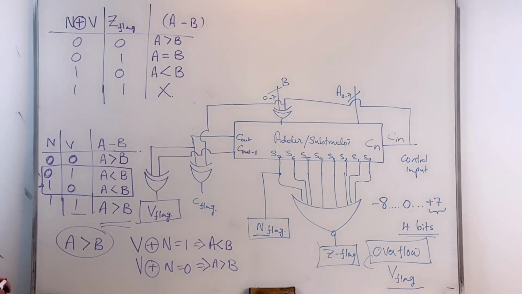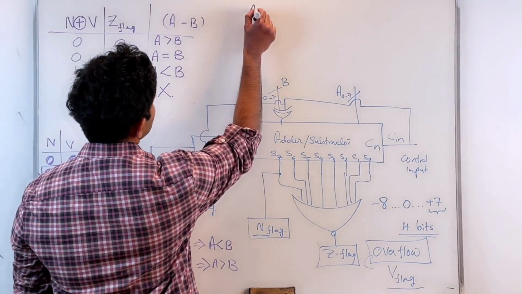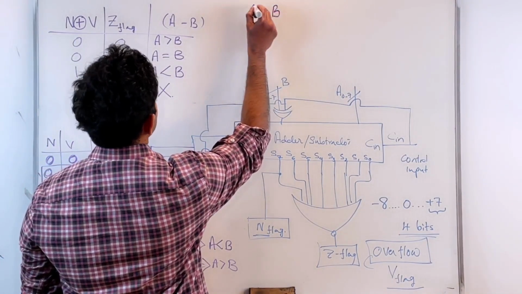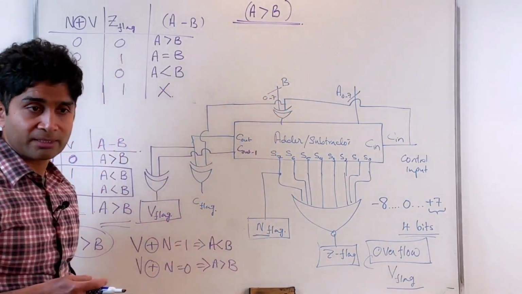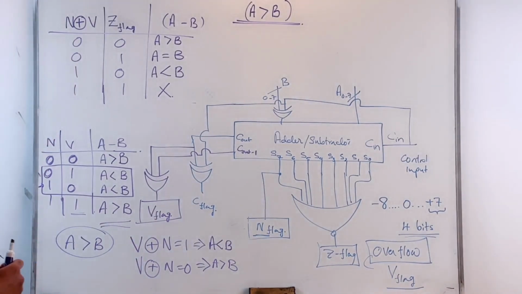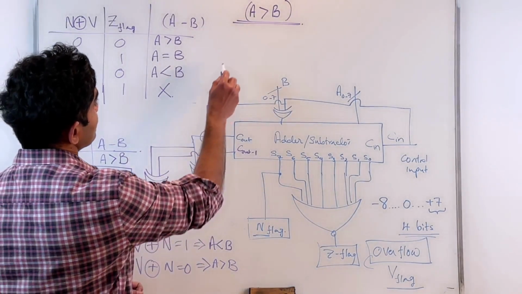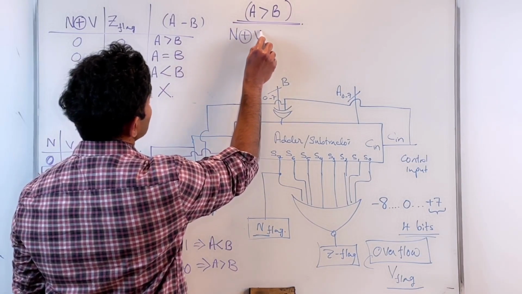Okay. Now based on these, how do I say if A is strictly larger than B? For A to be strictly larger than B, I need to make sure that my Z flag is 0, right? In other words, I need to come up with a condition which constrains my Z flag to be 0.